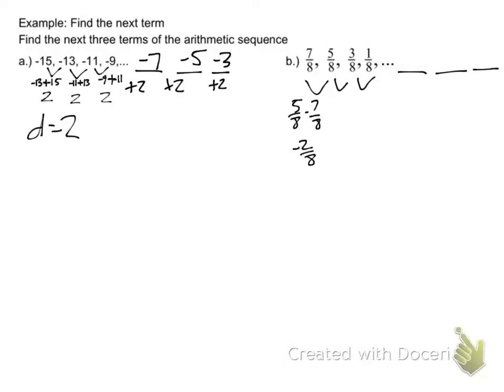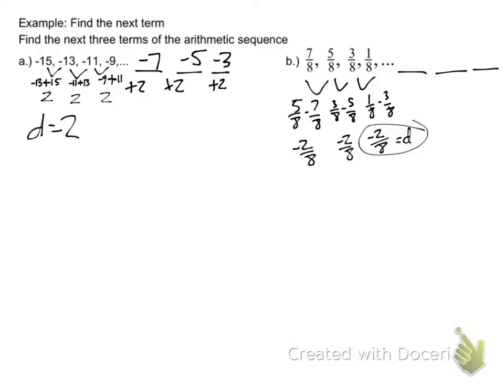Next one's 3/8 minus 5/8 is? Ooh, negative 2/8. I've got to keep going, though. 1/8 minus... It's the same. So D equals negative 2/8.